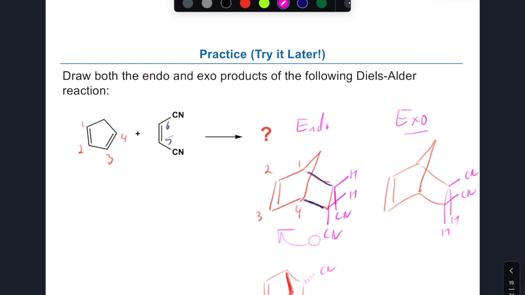And in the exo, we draw our ring like this. Once again, wedge and wedge. That, and then it is wedge, CN, CN, like that. That would be our exo.